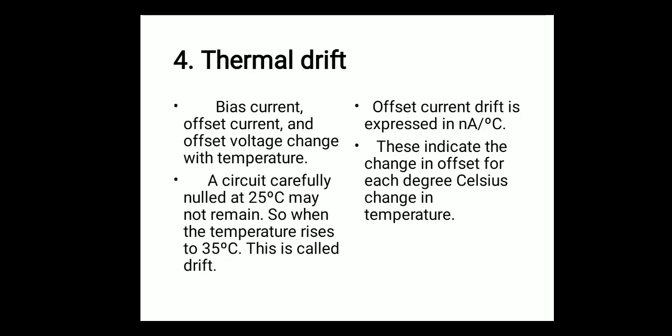Offset current drift is expressed as nanoamp per degree centigrade, which means the change in offset for each degree Celsius change in temperature. The techniques to minimize thermal drift include careful PCB layout to keep the op-amp away from sources of heat. Another is that forced air cooling may be used.